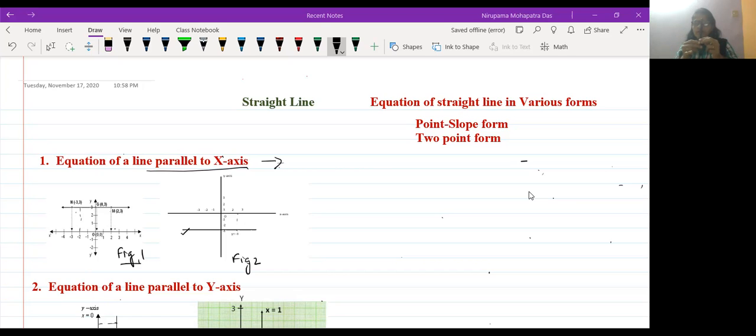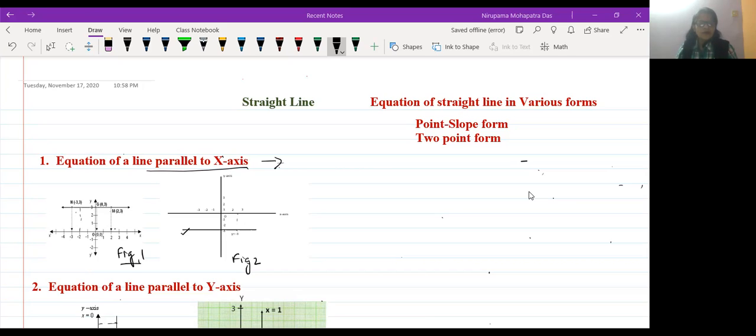The line may be parallel to the y-axis or coincident with the y-axis. Or the line may be neither horizontal nor vertical. We will be discussing all three cases.